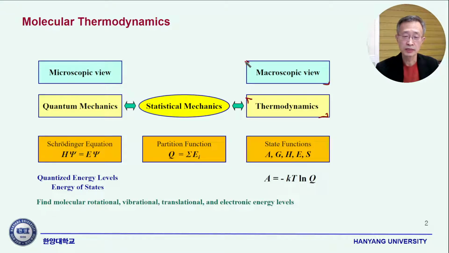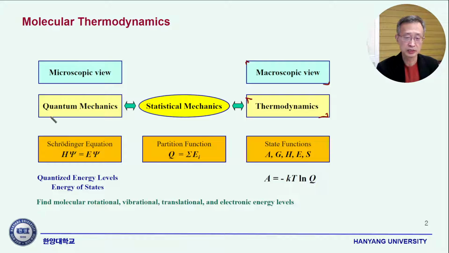On the other hand, there is a microscopic view. The microscopic view deals with atoms and molecules. Then we should apply not classical but quantum mechanics to calculate or to appreciate the quantities involved by molecules and atoms.